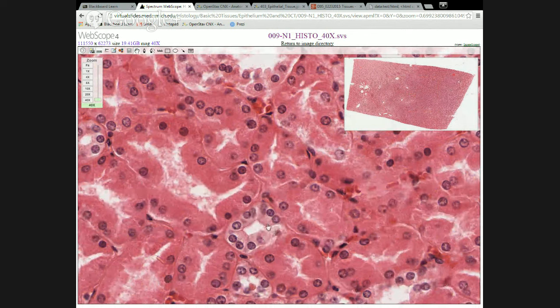Now, this little cluster of cells right here is a good place to kind of start to explain a little bit about looking at epithelia under the microscope. When I turn the lights off here in a second, you'll see a little bit better. Those cells are slightly lighter in appearance than the surrounding cells, so they kind of stick out. That's a layer of cells. They happen to be lining the inside of a tube.